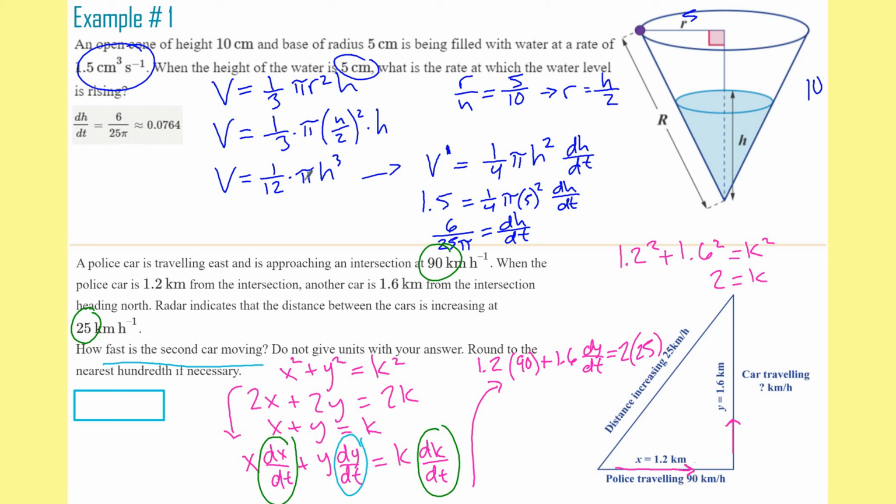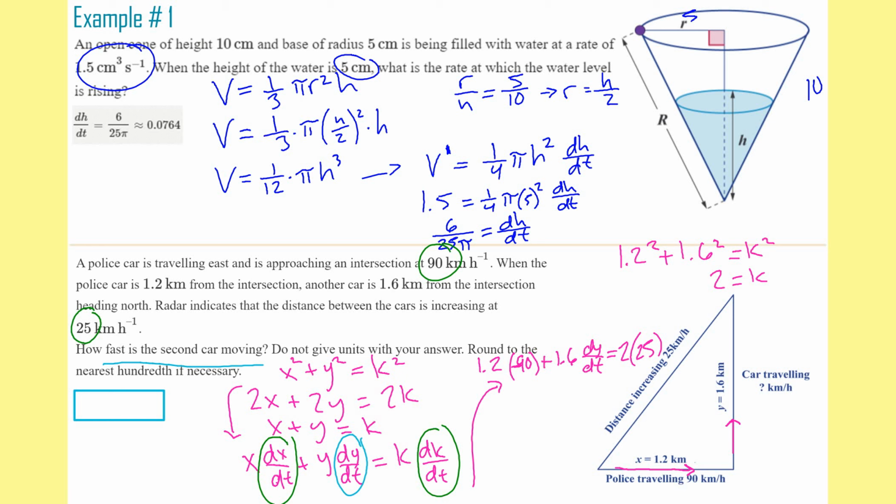Okay, one slight thing we need to notice here is that this 90 is going to be negative, because it's approaching the stop while the other car is going in the opposite direction. So one car is approaching, one car is moving away. Since we're approaching it, coming from that left-hand side, we're making that negative.